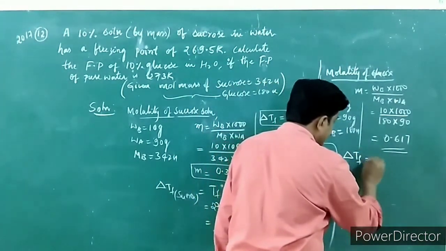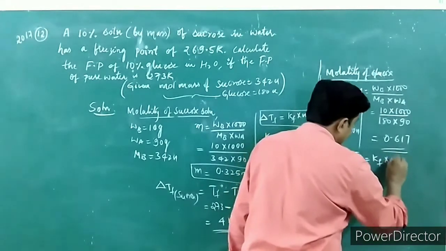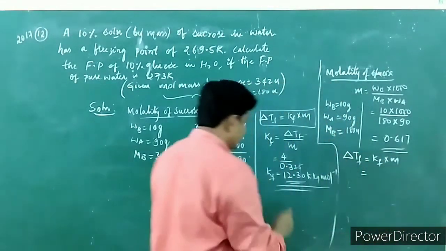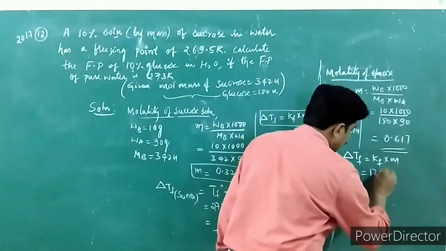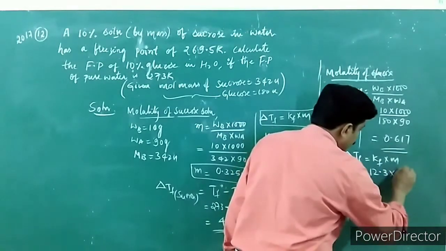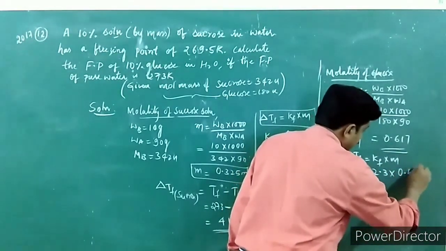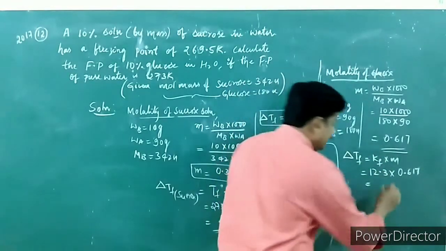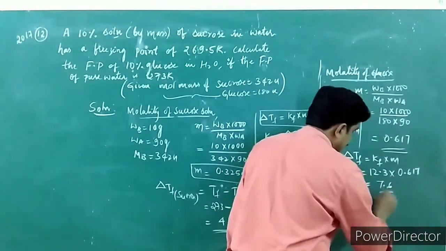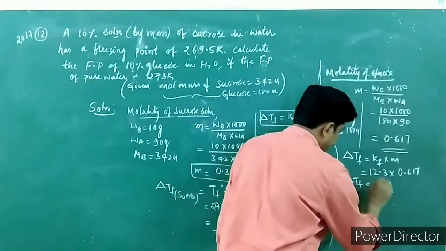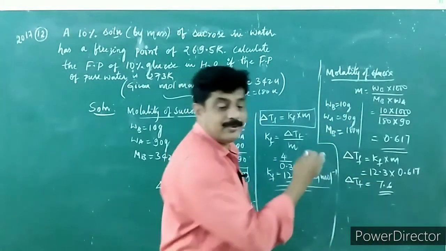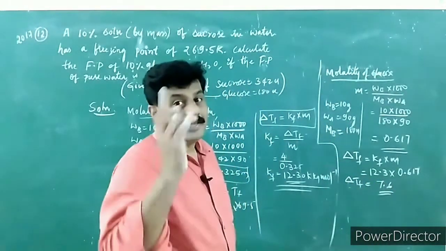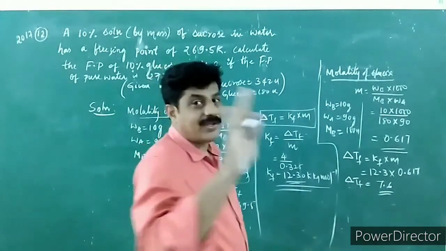Now delta TF is equal to Kf into m. Now Kf is how much here? Kf is equal to 12.3. Molality is equal to 0.617. If you simplify that, you are going to get 7.59. Otherwise, I'll take it as 7.6. So this is your delta TF. Now, by using this, you can find out the freezing point of the solution.